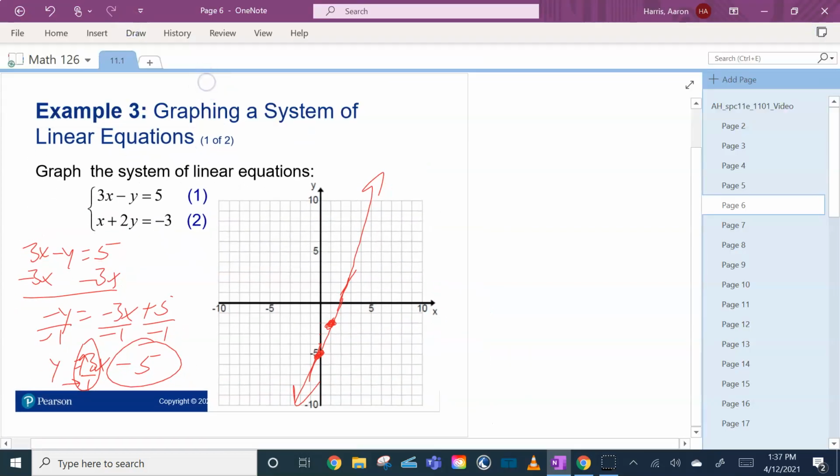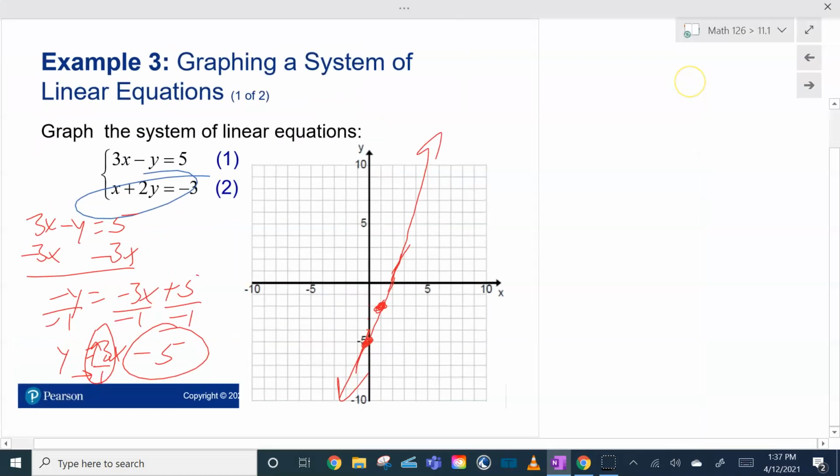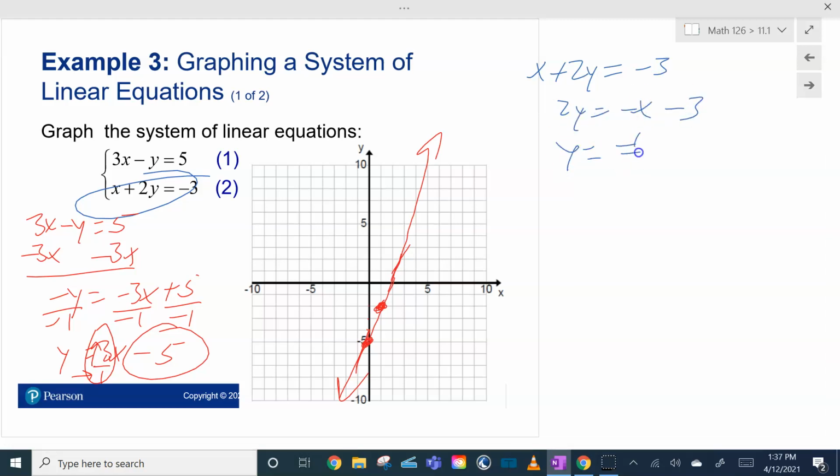Let me do the next one. x plus 2y equals negative 3. Let's solve for y. So it looks like we're at negative 1.5 right here. And then we're down 1 and right 2.